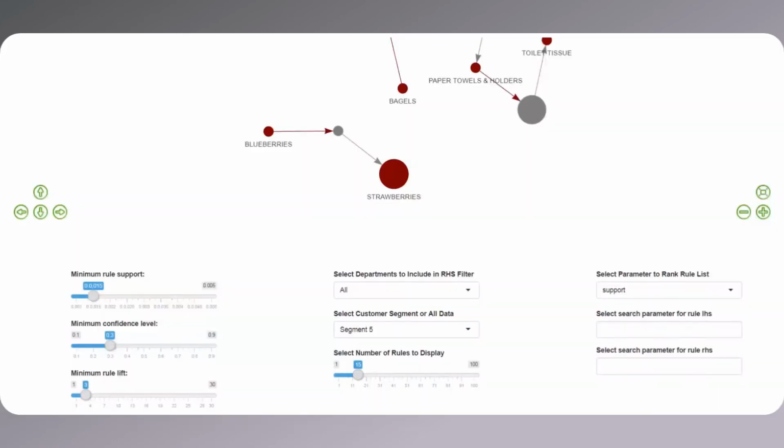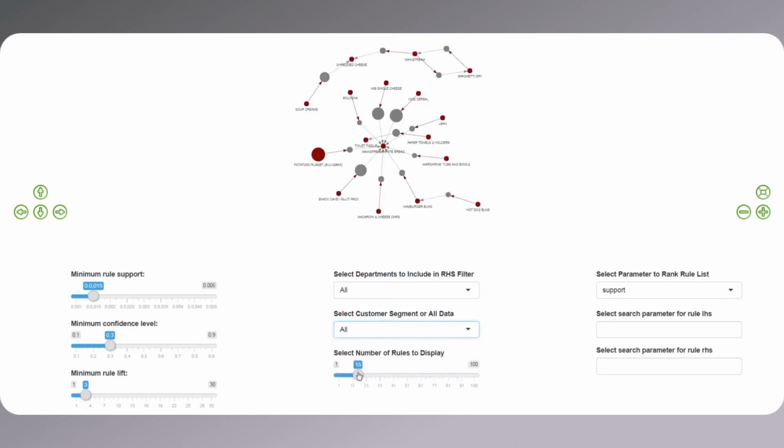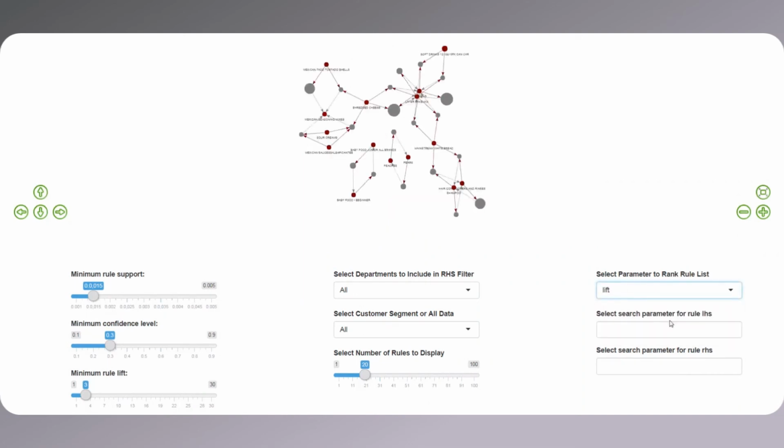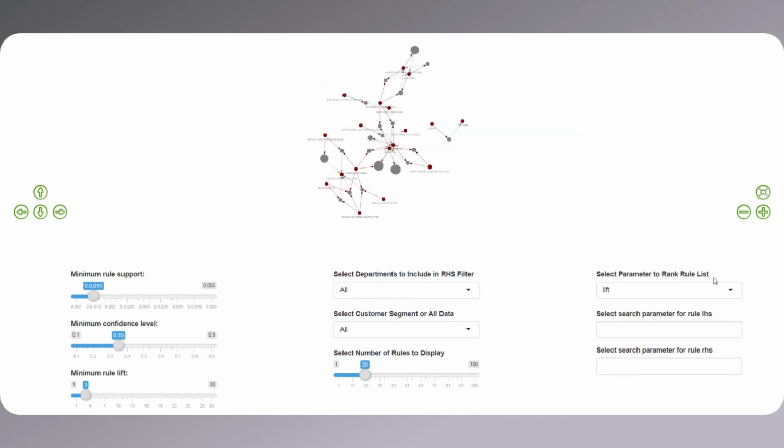We can further examine our product associations by looking at the product rules that show us the greatest lift. So we'll look at 20 rules ranked by lift. We'll increase the minimum confidence to 35%.